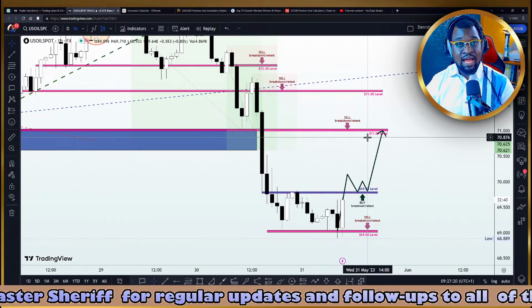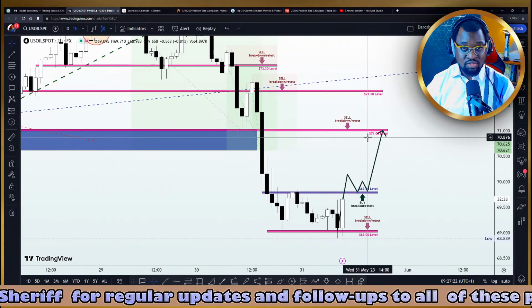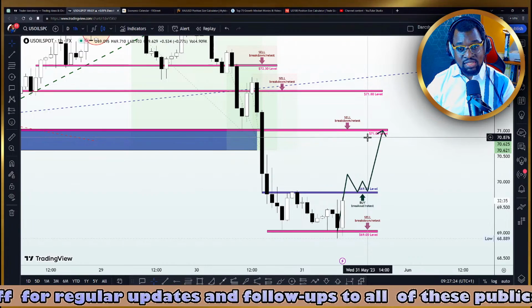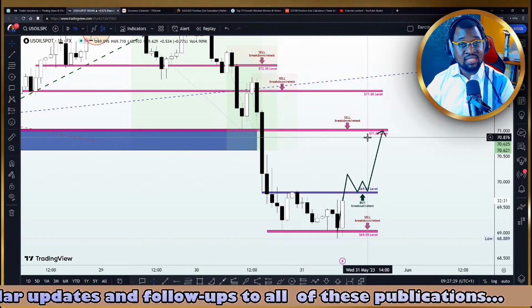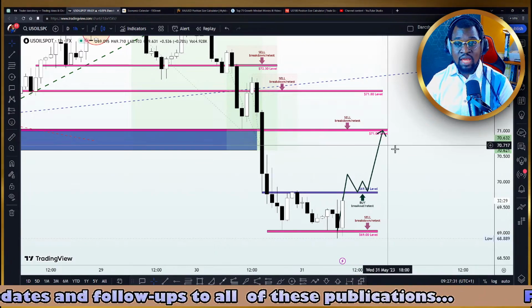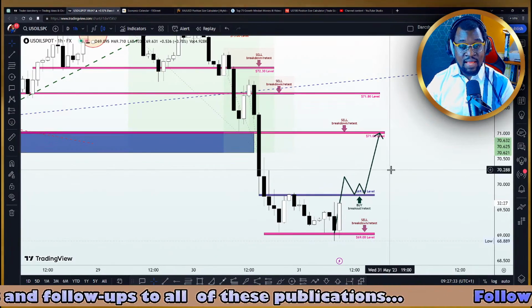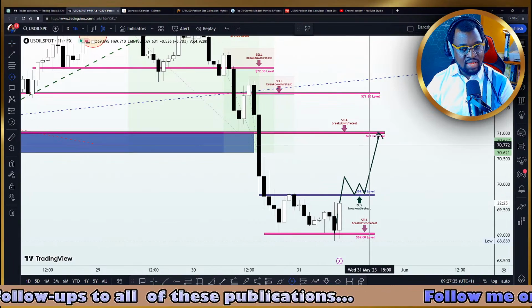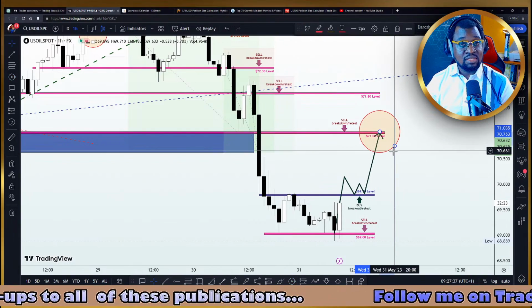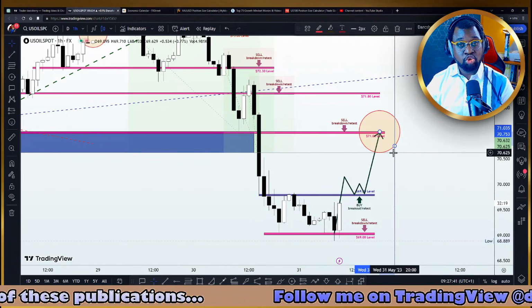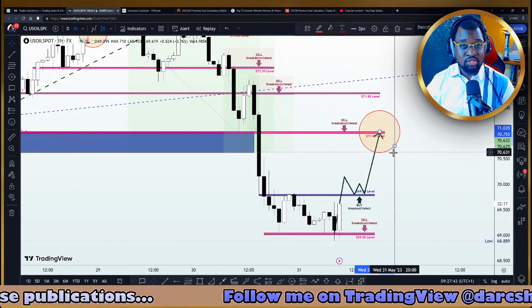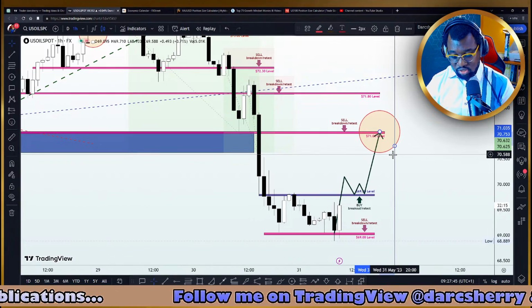We want to see how price action will be reacting to this level. So in as much as we see price get into that area, we move all stop losses to secure the current buy position and wait out to see how price action will be reacting to this area to decide if we are going to be adding more buy position to our existing trade, or probably get ready to join a bearish move to the downside.